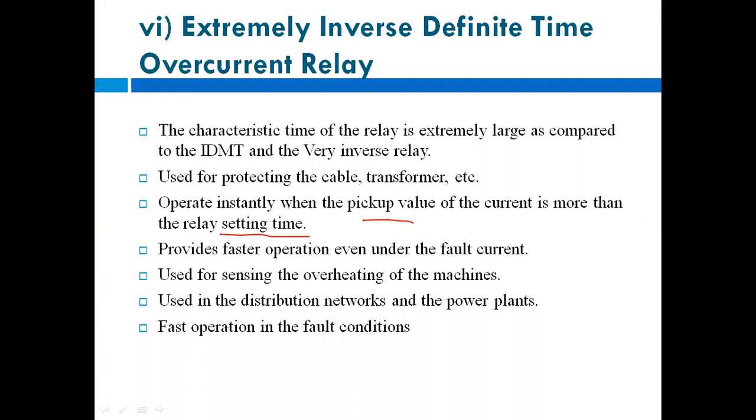Then it is used in distribution networks and power plants, with fast operation in fault conditions. If any fault occurs, this relay operates very fast. These are the points for the extremely inverse definite time overcurrent relay. So note this.